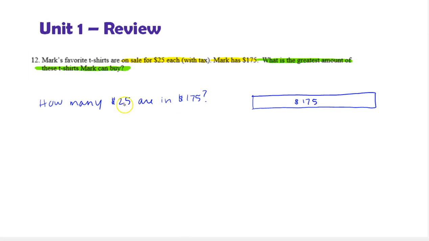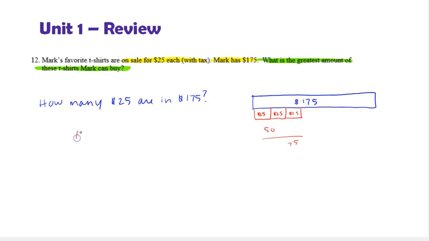So he could buy one shirt for $25. I'm probably not going to make this perfect, but we'll do our best. So that would be one shirt. If he bought 2 shirts, notice that's $50 in total. 3 shirts would be $75 in total, etc. So we could keep filling this up.